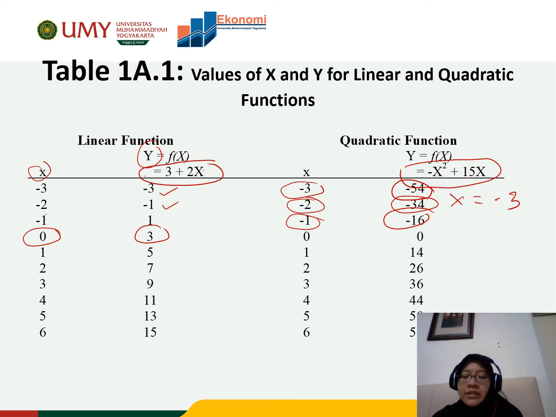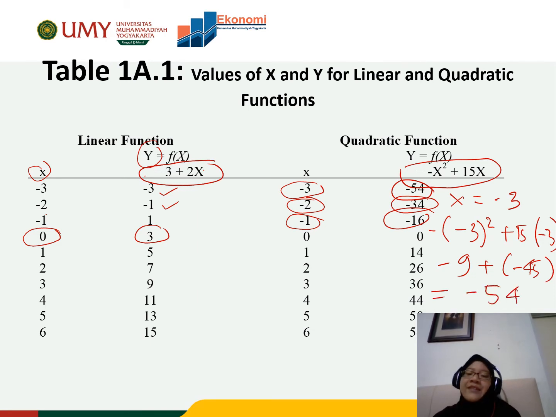So just put minus 3 squared plus 15 times minus 3. How much is it? Minus 9 plus how much? Minus 45. So it's equal to minus 54. So you can put the x here, replaced by each number of the x in the schedule.